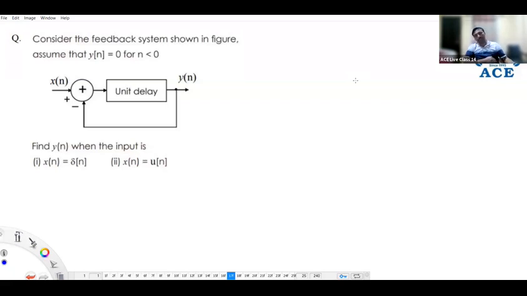Get the system expression. What is the relation between y(n) and x(n)? Then you will get the answer. Find out the relation between input and output.